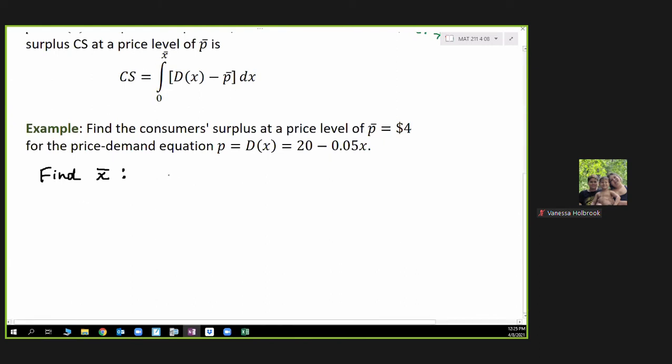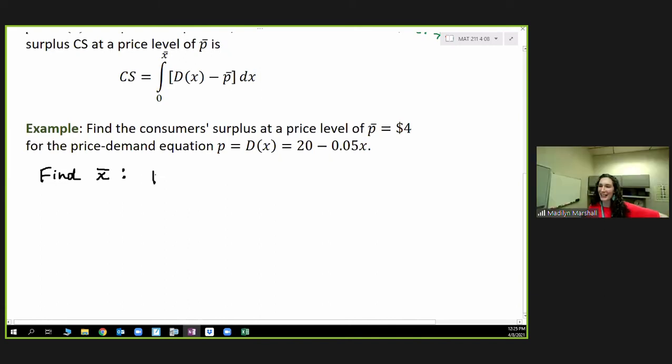Yes. So if we say that P bar has to equal D of X, because this is one curve and this is another curve, and to find their intersection, we set them equal to each other.